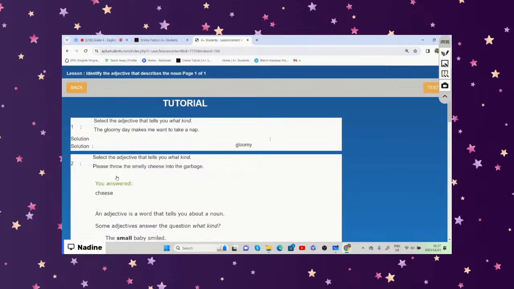So the gloomy day makes me want to take a nap. If we identify the adjective within that sentence, we can say it is gloomy, which describes the type of day.